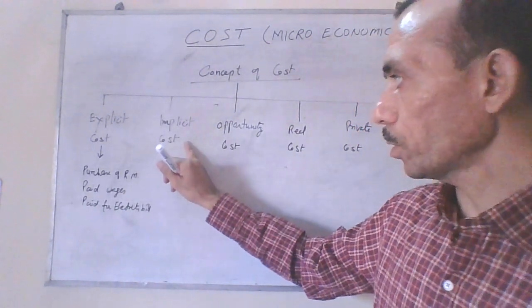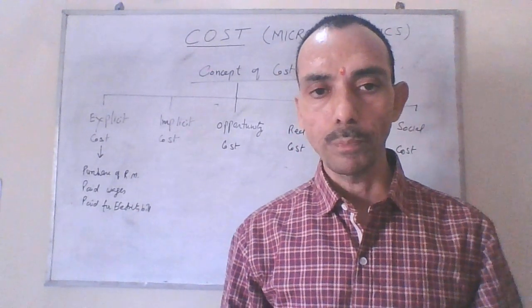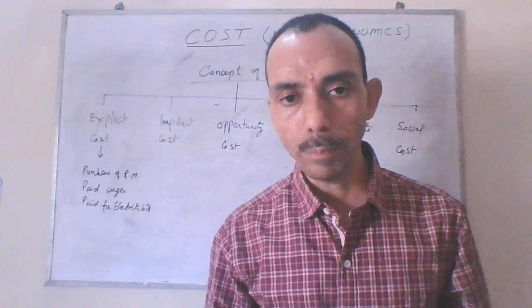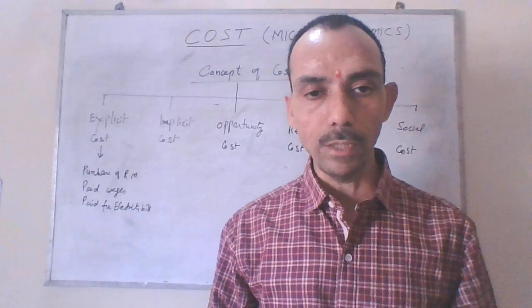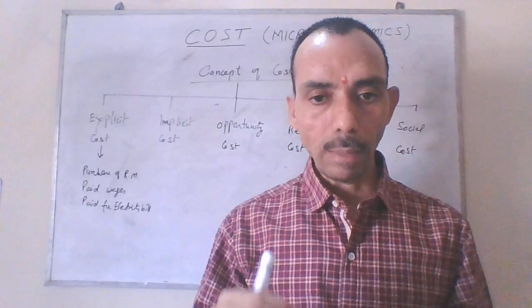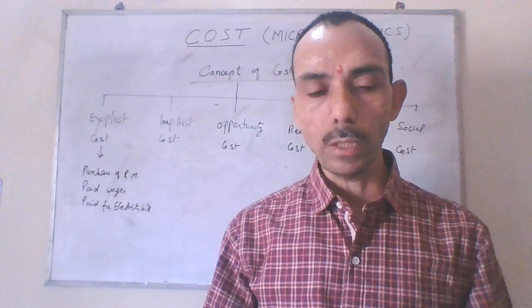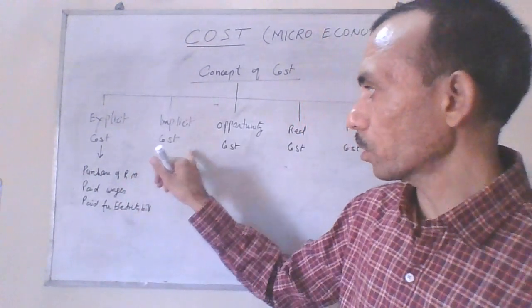While implicit cost is the cost paid by the producer to themselves for their own services. Say the entrepreneur is working in their own organization as a manager. So the amount paid by the producer to themselves, or the interest paid by the producer to themselves for their own invested capital, is the implicit cost.